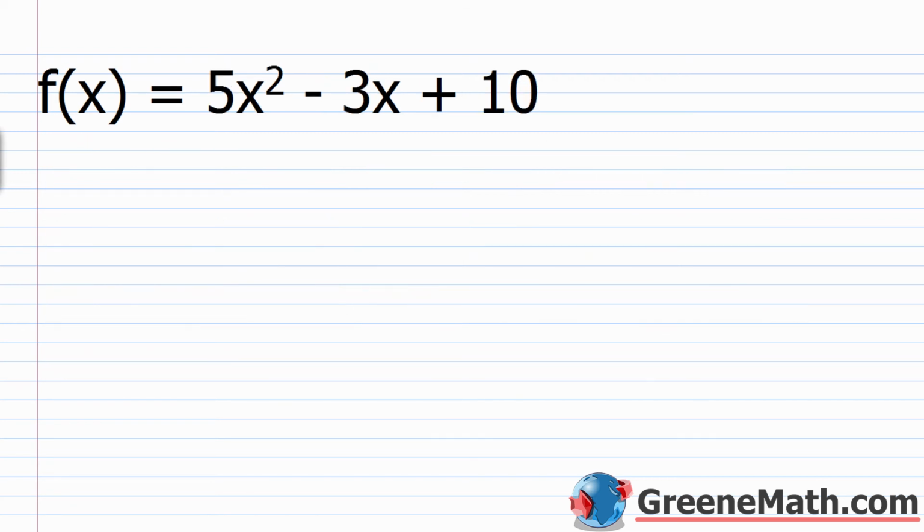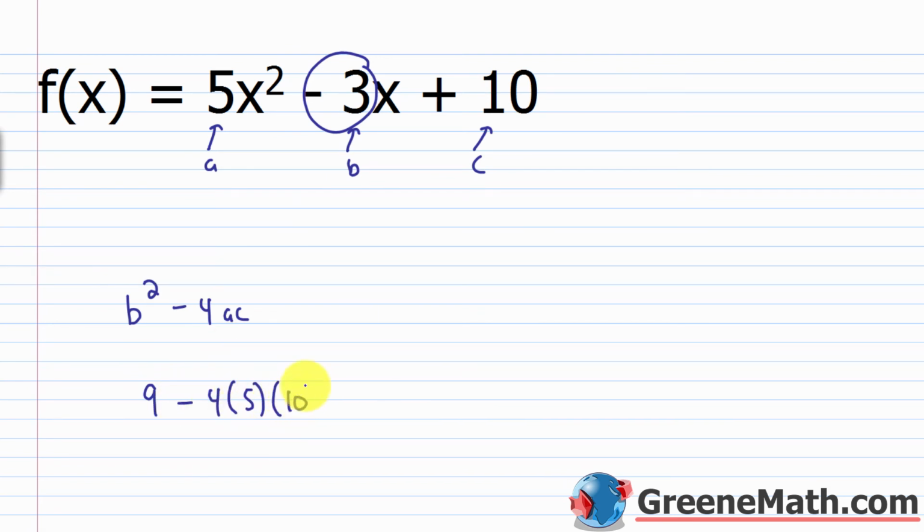Let's look at this example: f of x equals 5x squared minus 3x plus 10. How many x-intercepts will be here? Again, you just look at your discriminant, b squared minus 4ac. A is 5, b is negative 3, c is 10. Negative 3 squared is 9, minus 4 times 5 times 10.